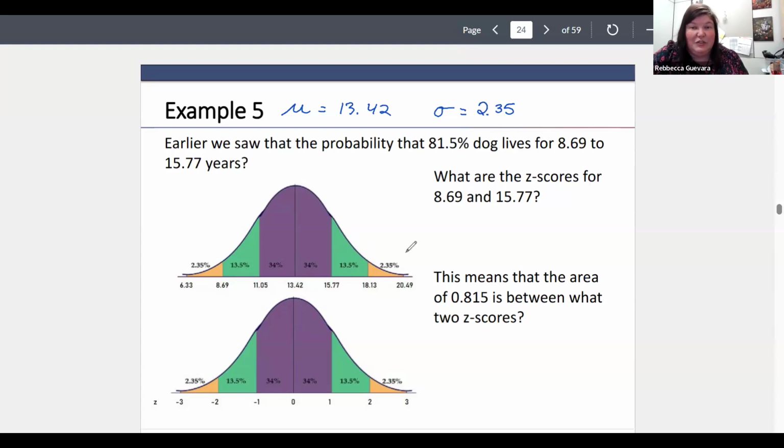Well, I don't actually have to do a bunch of work here, because the way this was set up, this area here is supposed to be where 68% of my data sits. This goes out to -1 standard deviation, and this is 1 standard deviation. So the z-score for 15.77 is going to be 1.